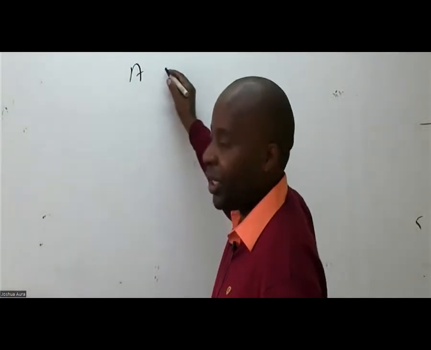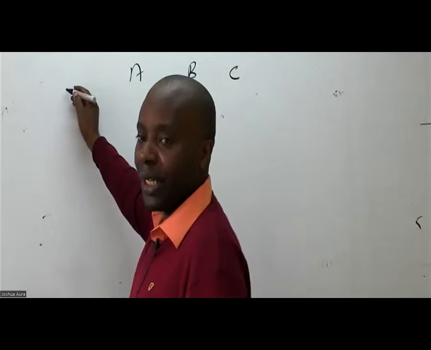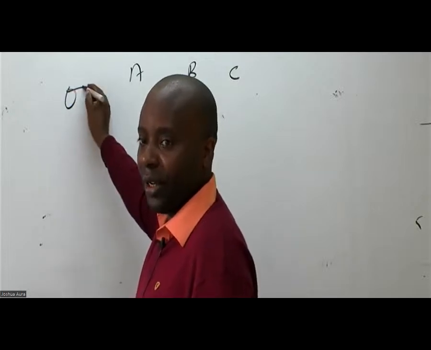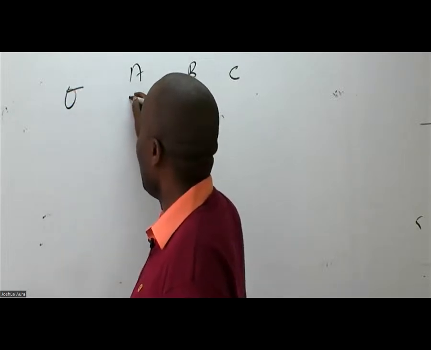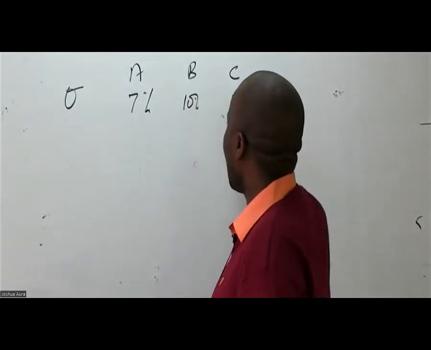So we have three securities, A, B, C. Then we have the standard deviations being given: 7%, 10%, and 13%, which is highly volatile.